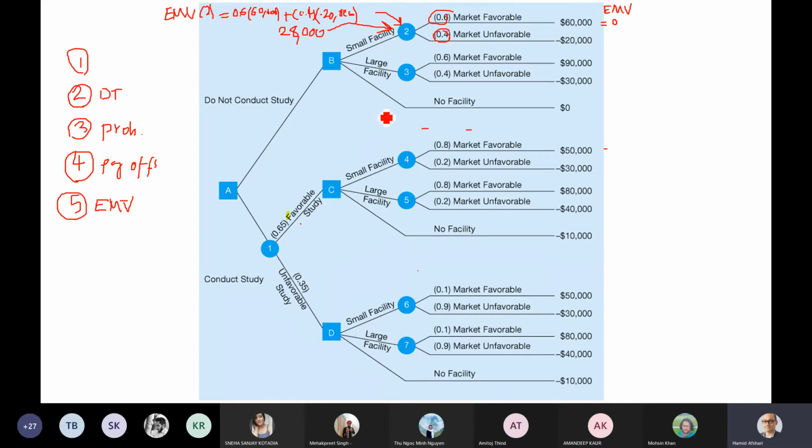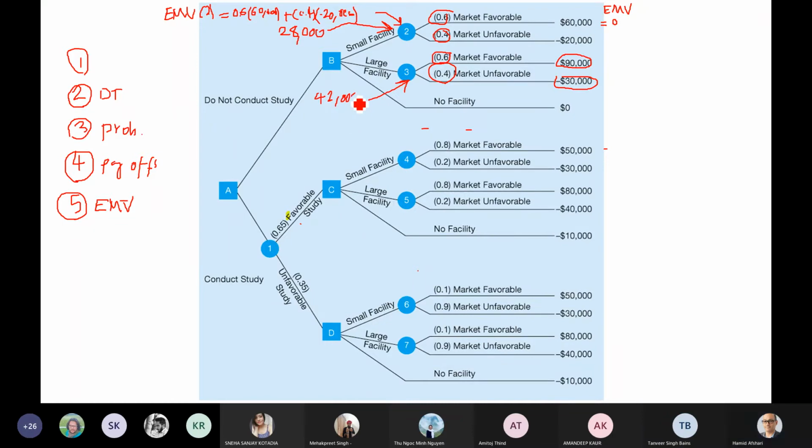Okay, let's go with node number 3. So here I should say 60% of 90,000 and 40% of minus 30. So how much is this value? 42,000. 42,000.